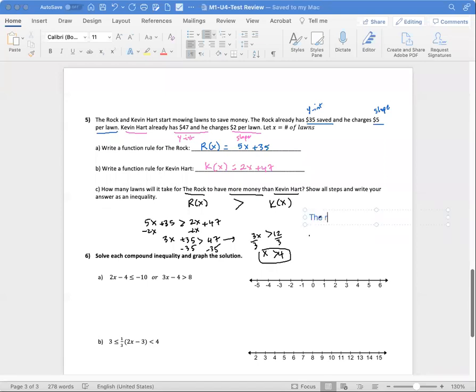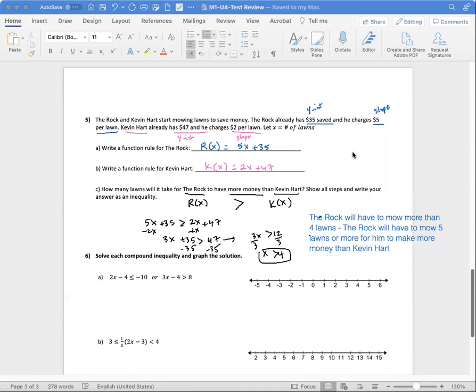You can say The Rock will have to mow more than 4 lawns, or an acceptable answer would be The Rock will have to mow 5 lawns or more in order to make more money than Kevin Hart.